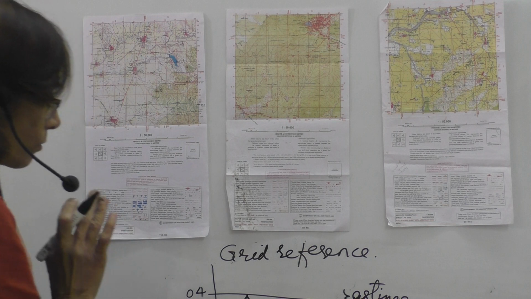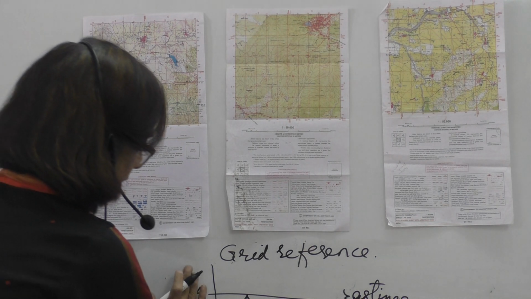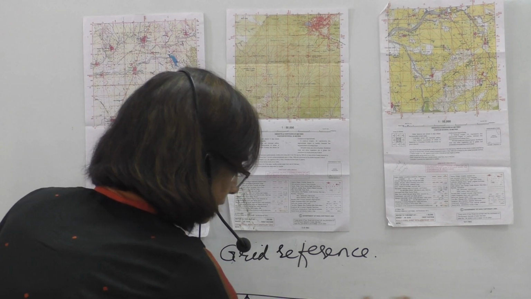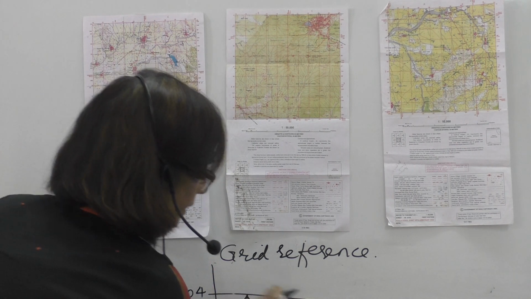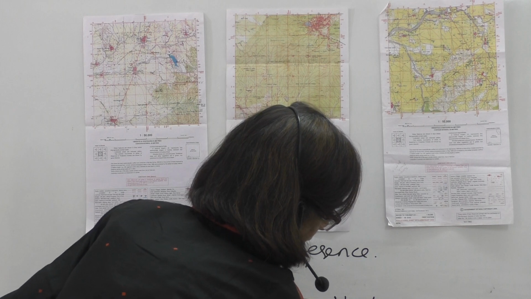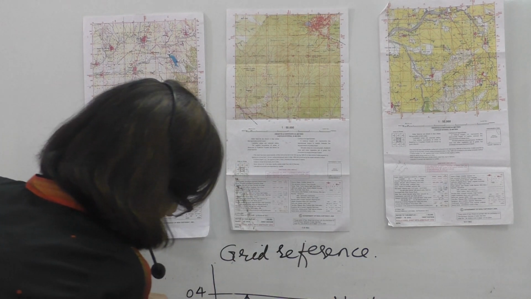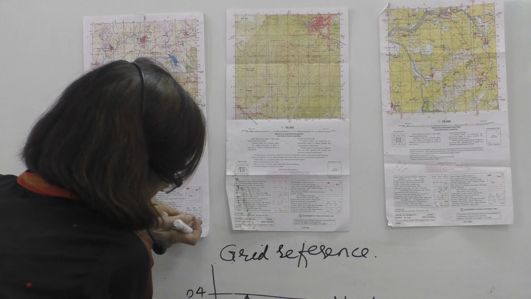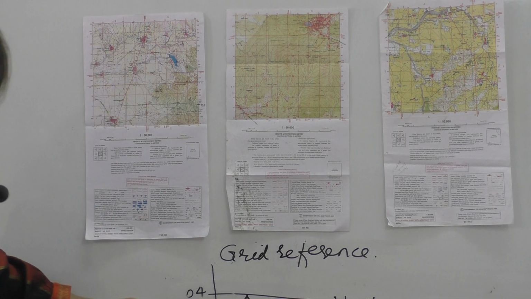First you have to understand that these lines are called northings. Their value increases towards north. They are called northing.